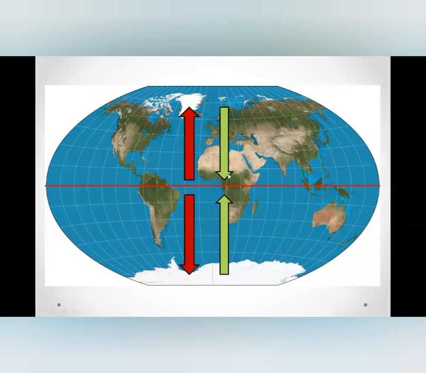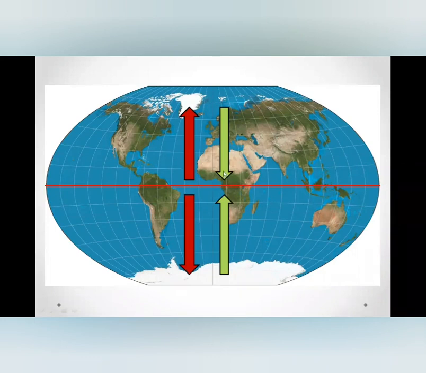First, ocean currents flow from the torrid zone to the frigid zone, and again the cold currents flow from the frigid zone to the torrid zone.